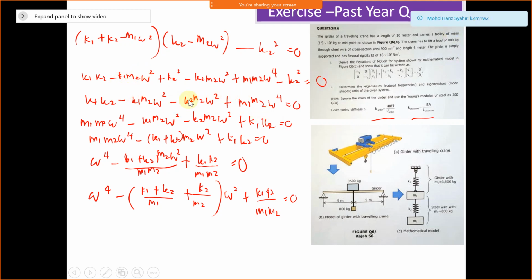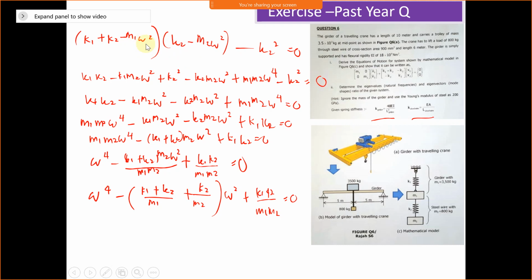K2 M1 omega square, K2 M1 kat span. Okay, kat span. Okay, kita tengok balik. K1 K2, then K1 M2 omega square, and then K2 square, K2 M2 omega square. Okay, and last one, satu lagi M1 minus M1 omega square K2.